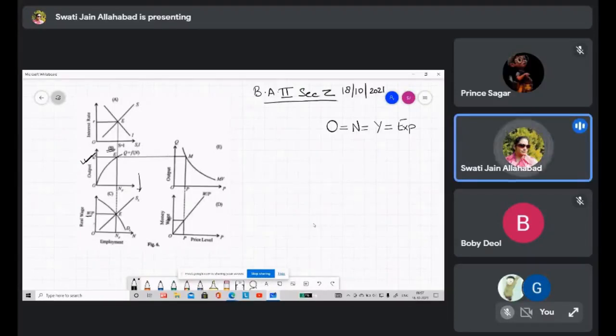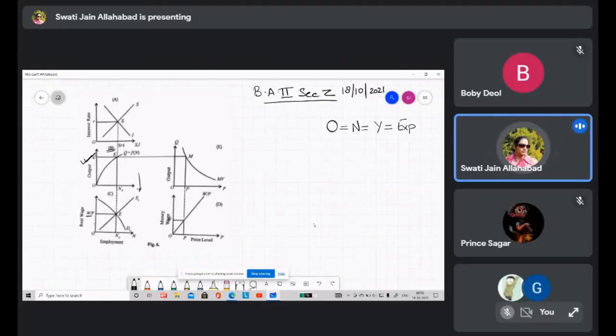Now, in this classical system, it is assumed that supply will always create its own demand and money is only used for the purpose of transaction. So money has only one use, that is the transaction. So how do you show that the role of money is only for transaction? That is through E part.